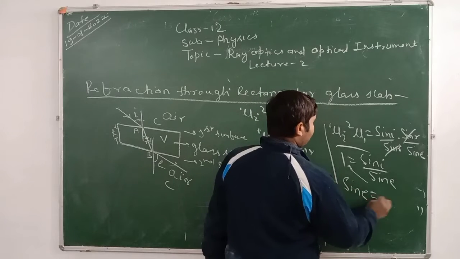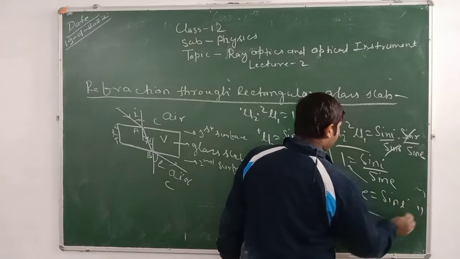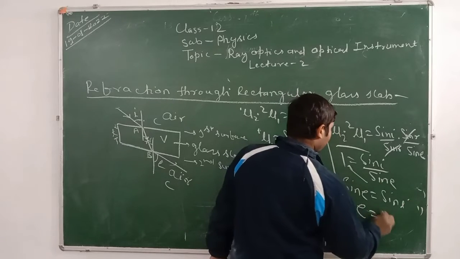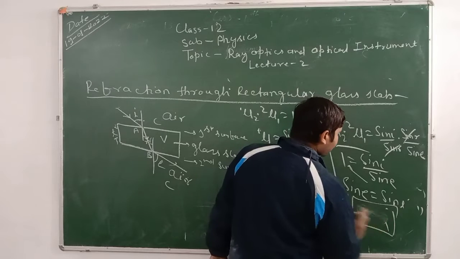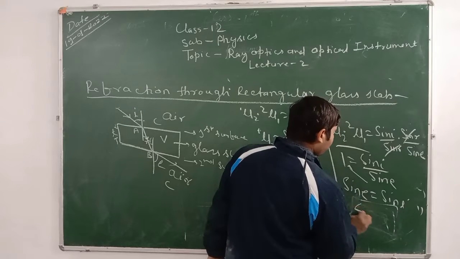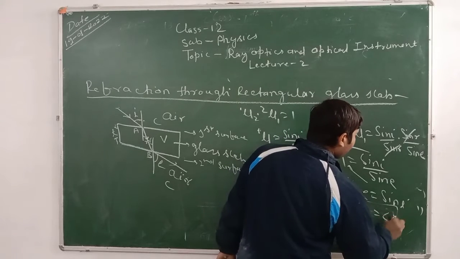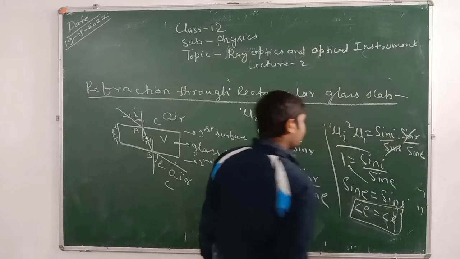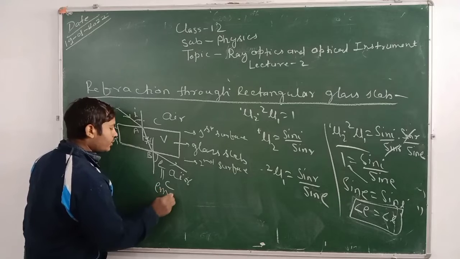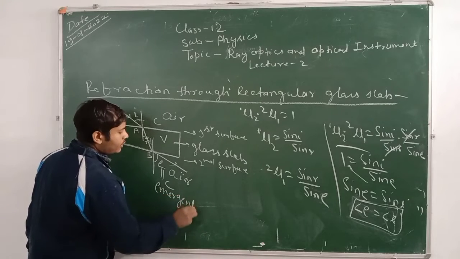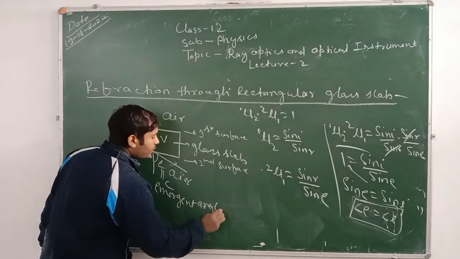Sine E will be equal to sine I. So E will be equal to angle I. Means the angle of emergence will be equal to the angle of incidence. And it is the emergent angle.